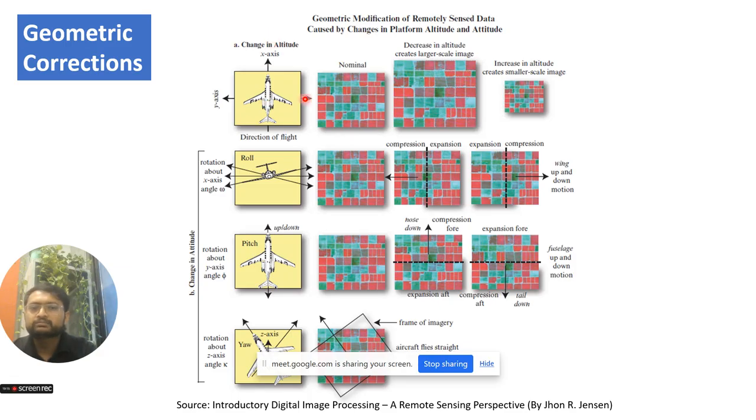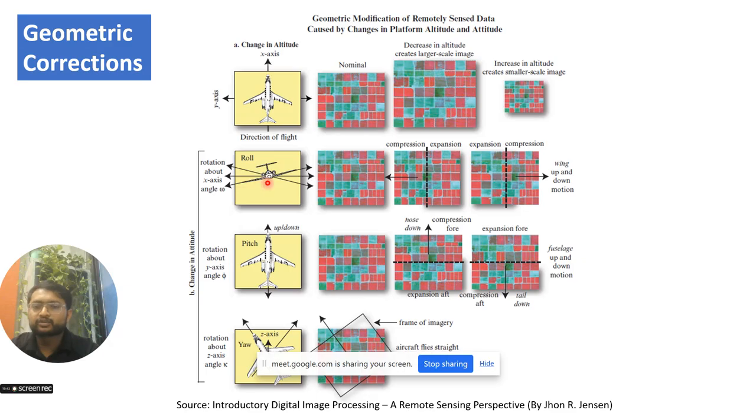In general you will get this kind of image. But if the aeroplane or the platform goes up, it will cover a larger area. The pixel size will increase, the swath will increase, or you can say the instantaneous field of view will change. Similarly, if you reduce the altitude, it will become like this.